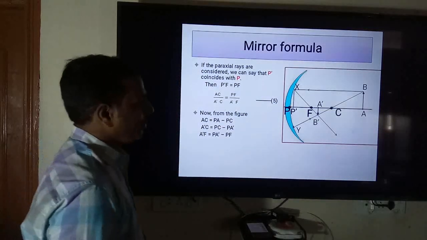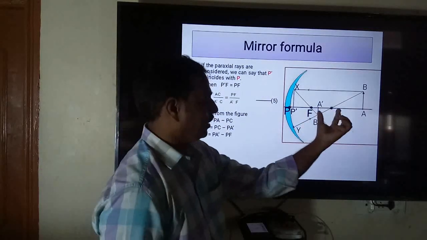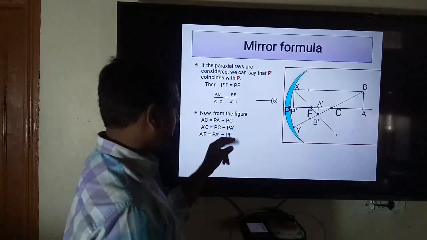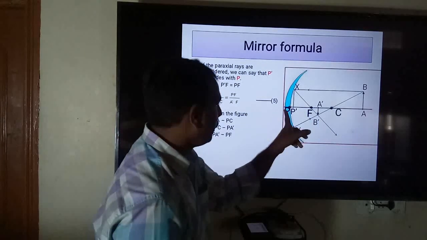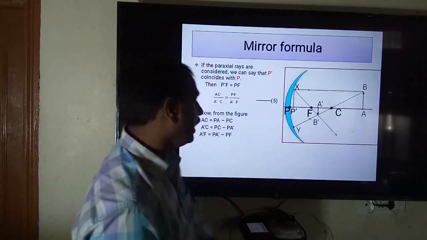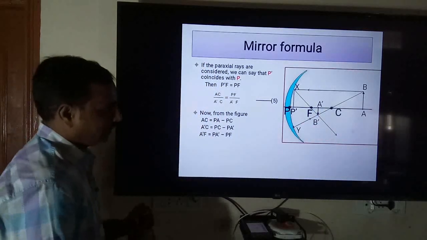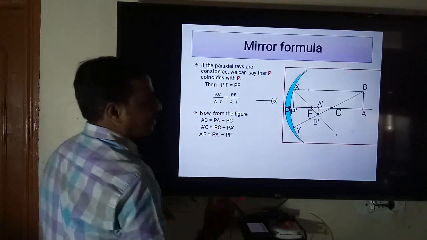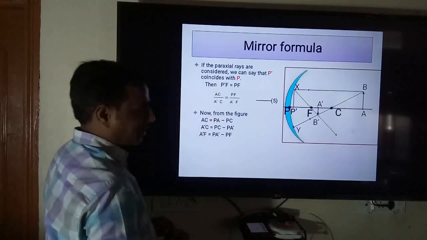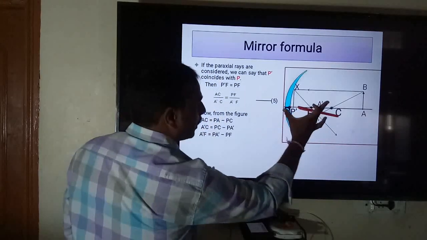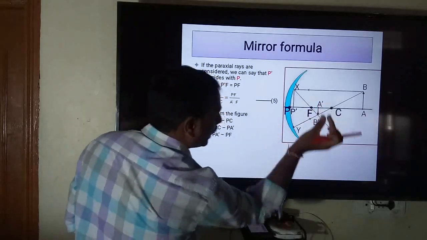Next, A'C means this length. How to get this length? From PC, we subtract PA'. Now we get A'C. The same way, A'F means this small length. How to get this one? PA' minus PF, means if PF is subtracted from PA', we get A'F.